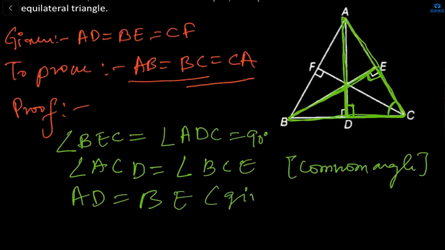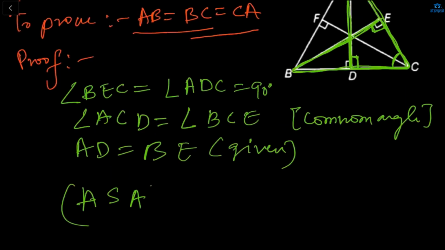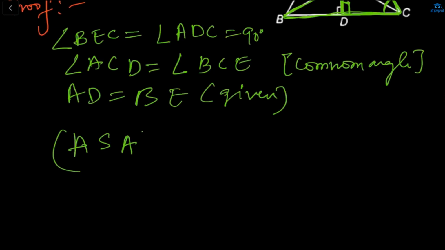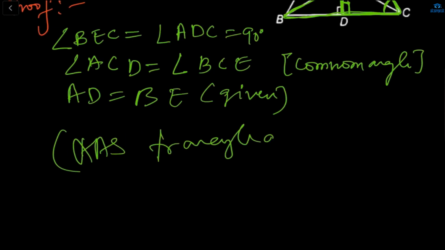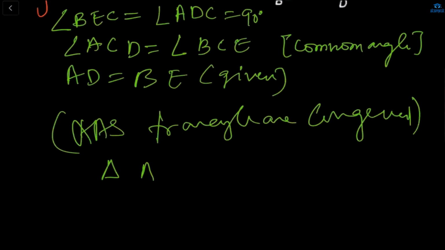Yes or no? From ASA, actually here you will not be using ASA, it will be AAS. Two angles and the side, it will be AAS. From AAS, the triangles are congruent. Which two triangles? Triangle ADC is congruent to triangle BEC.